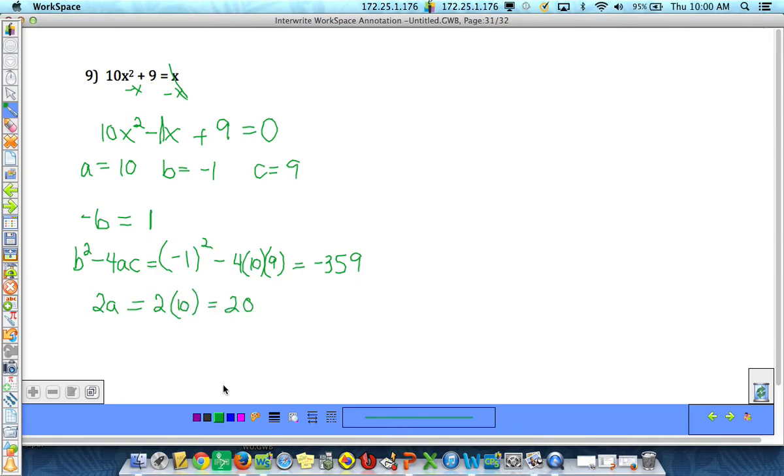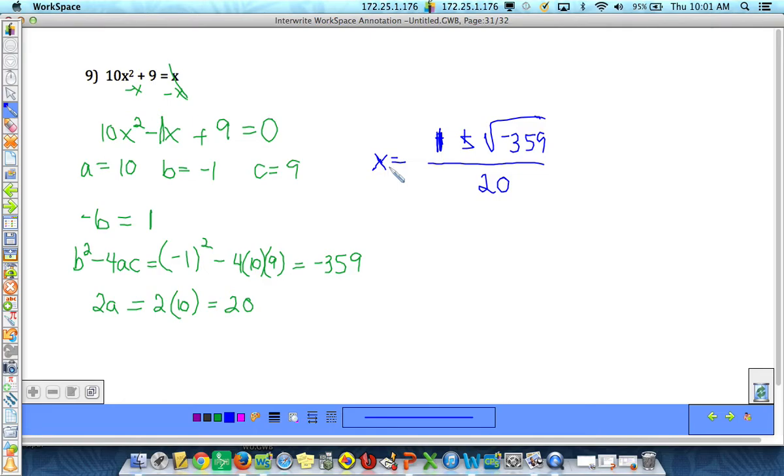Okay, so now let's plug this all into my quadratic formula. Negative b is positive 1 plus or minus the square root of, our discriminant is negative 359. That's b squared minus 4ac, all over 20. Okay, so we want to try to simplify the square root of 359.